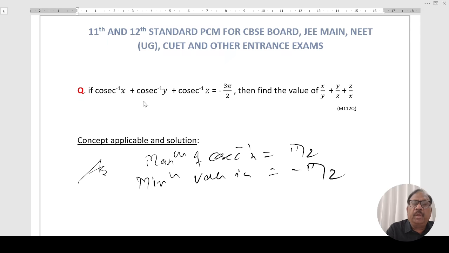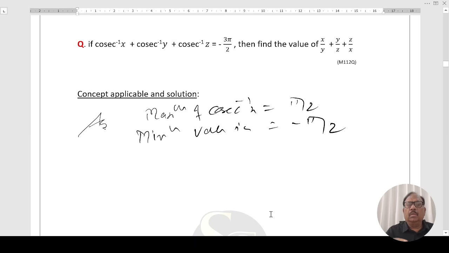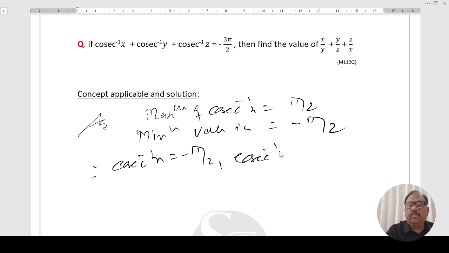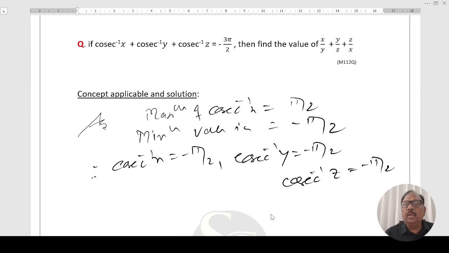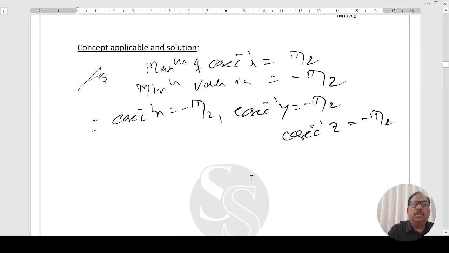So minus pi by 2, minus pi by 2, minus pi by 2. Therefore, cosec inverse x equals minus pi by 2, cosec inverse y equals minus pi by 2, and cosec inverse z equals minus pi by 2. Right? So x equals minus 1, y equals minus 1, z equals minus 1.